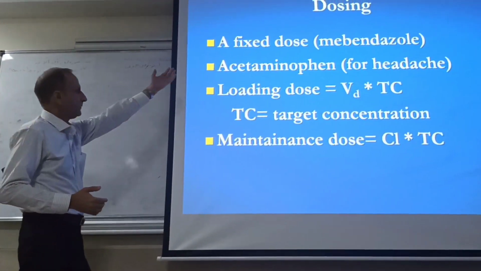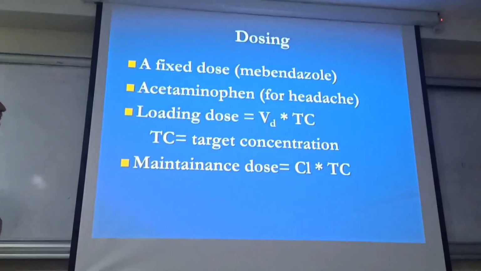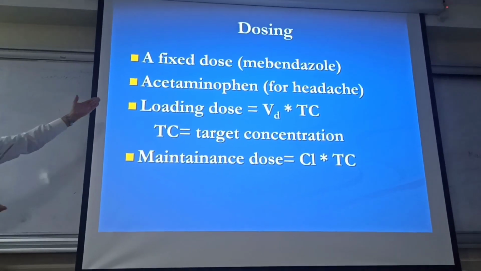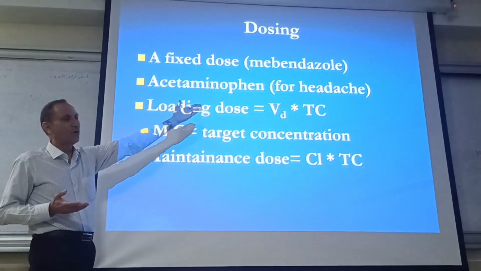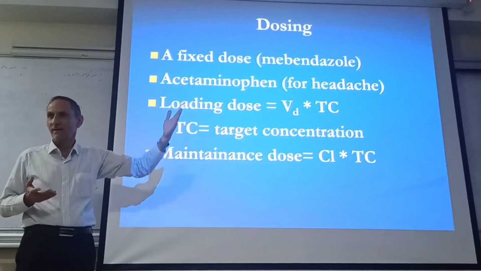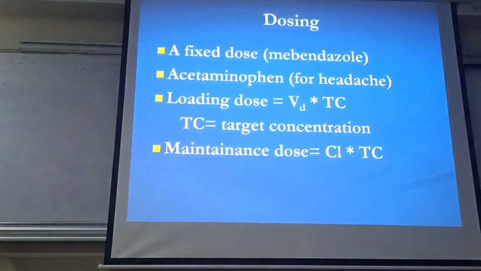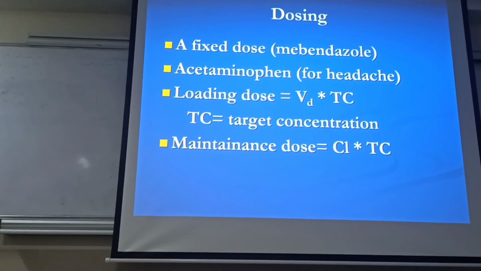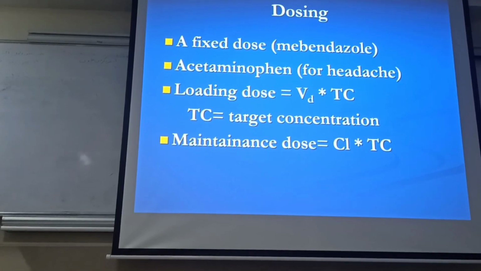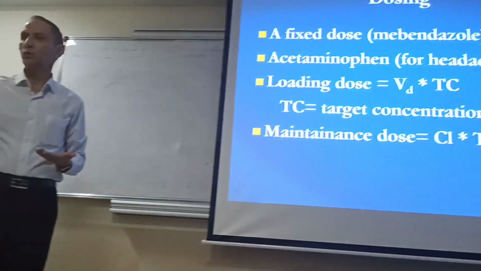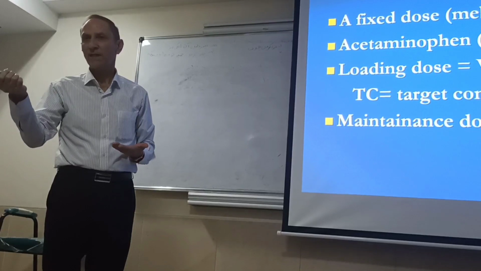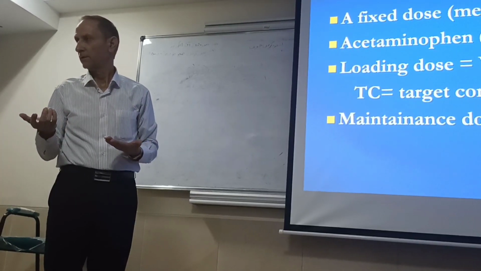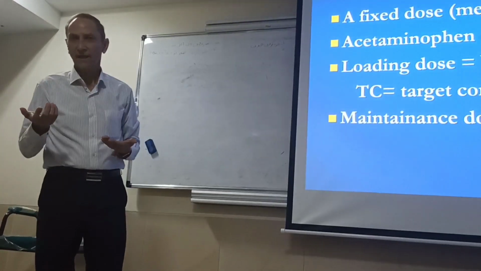So sometimes we use drugs as needed. For example, acetaminophen for headache. We say if necessary or as needed. An asthmatic patient may use salbutamol spray to dilate bronchi as needed.